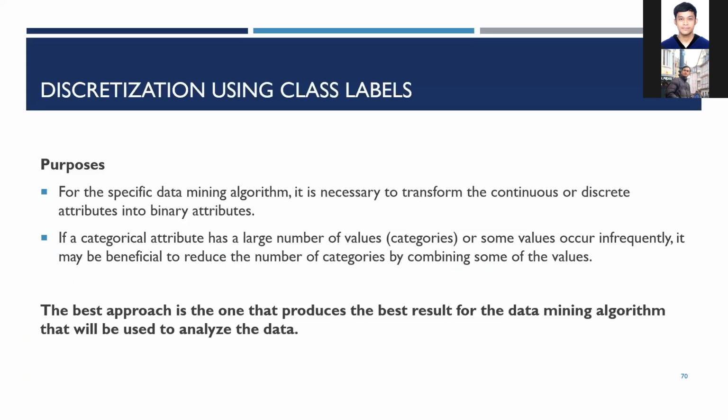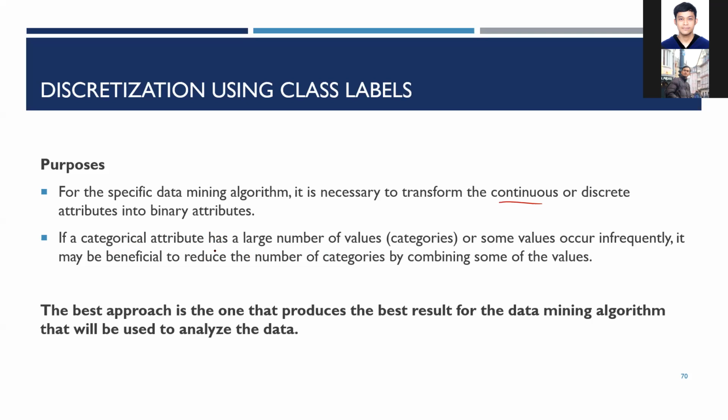For specific algorithms, sometimes it is necessary to transform continuous data into discrete, for example in classification. If our data is continuous, it's better to transform it into discrete or binary data. Or if the data is already categorical, but the range is very large.